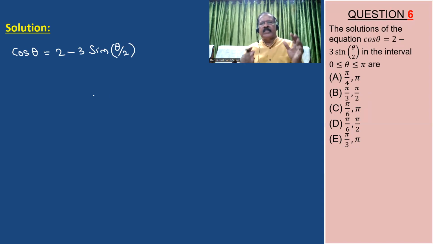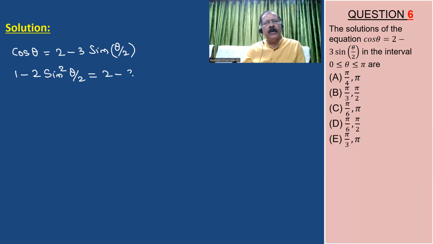Okay, so express everything in terms of, you know how to write cos theta in terms of what? Sin theta by 2, half angle formula again. Cos theta equal to 1 minus 2 sin squared theta by 2. Immediately that should come into your mind, because you have to write this as a quadratic equation in sin theta by 2.